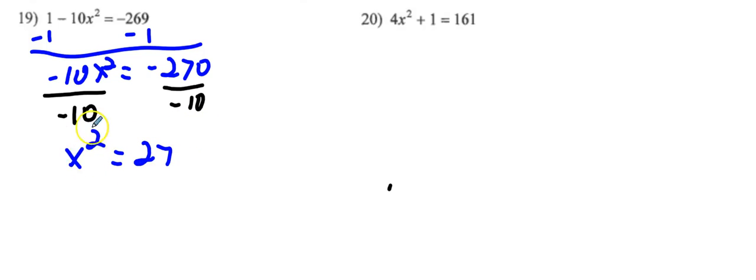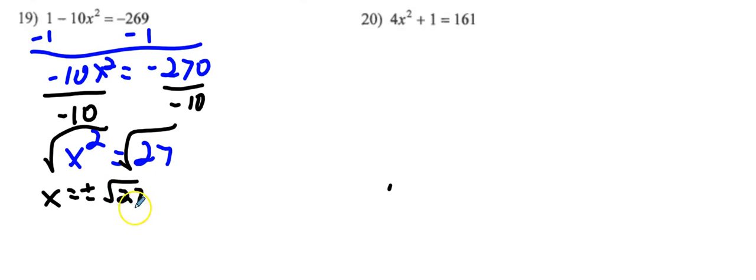We have the squared variable isolated, so we can go ahead and take roots. Which then gives us x equals plus or minus square root 27. And we could be done, but we have to make sure we don't have a perfect square in here, and we do. So we see that that can be broken into two parts, a perfect square and not, plus or minus root 9 root 3.